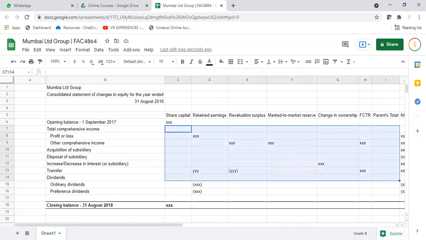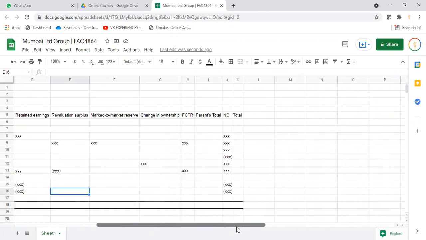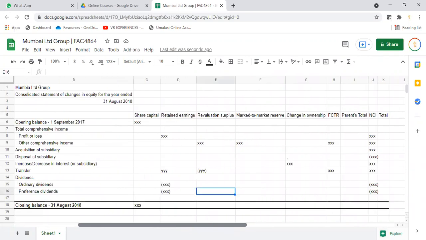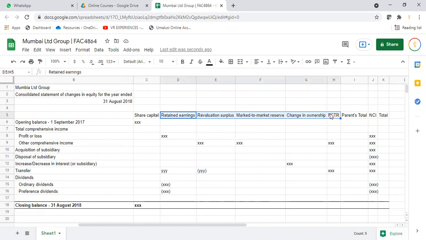Okay, here's an important concept for you to take note, and they generally test it thoroughly without you realizing it, that this portion of the income of the statement of changes in equity only relates to that of the parent. So you must always only include the parent's component. The second aspect is that it must always be after tax. Okay, so it's always after tax, because remember, profit or loss is after tax.